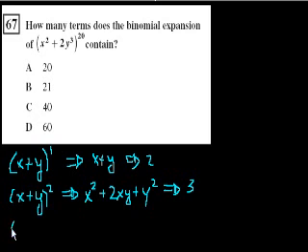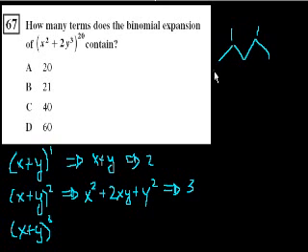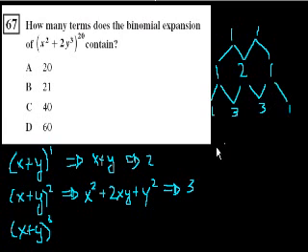If I were to do x plus y to the third power, I could do a binomial expansion. I could do it with Pascal's triangle. I have the 1 and the 1. That's to the first power. And the second power, those are the coefficients. Then the third power, the coefficients become 1, 3, because 1 plus 2 is 3, 3, 1.